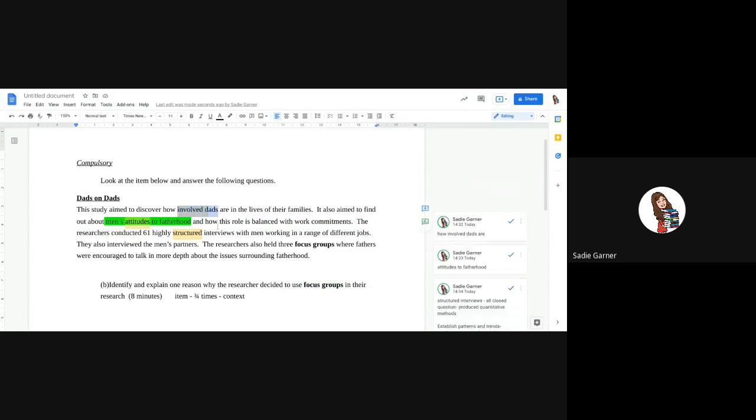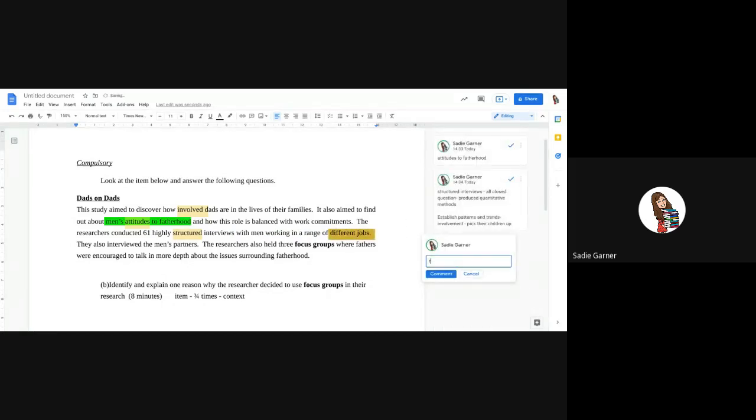How much do they get up in the night? How many times do they go to their children's parents' evening? Those sorts of things. With men working in a range of different jobs. If they've given a range of different jobs, I think that's a hint that it's representative. With structured questions, like in those structured interviews, the fact that the sample has a size of 61 makes it more representative.